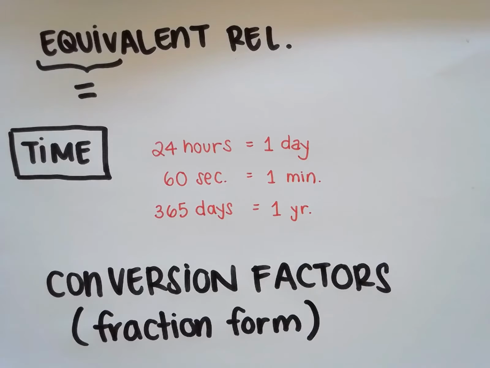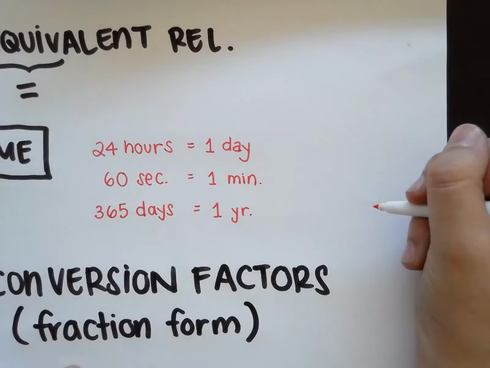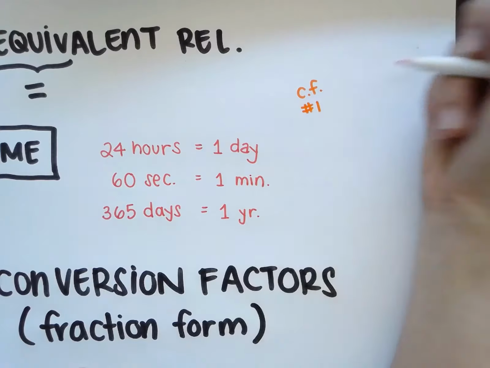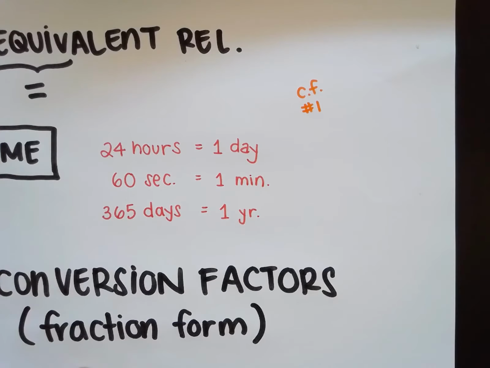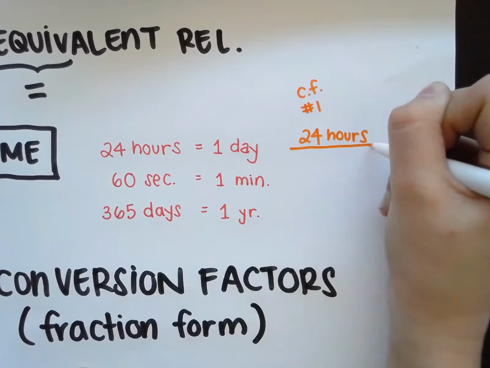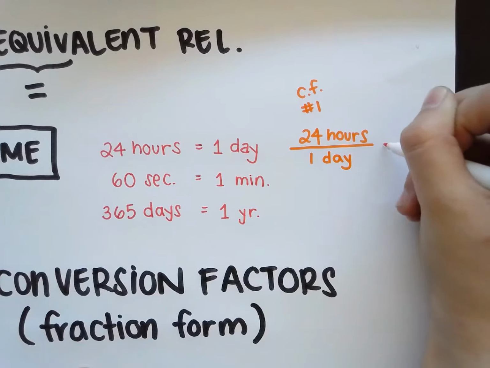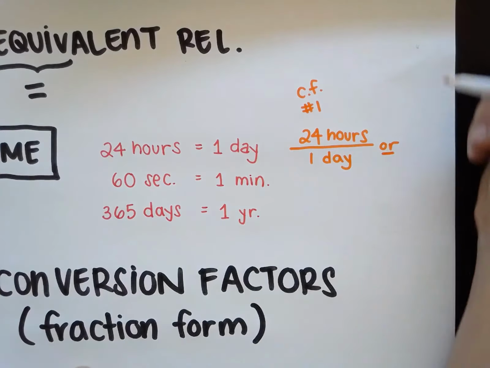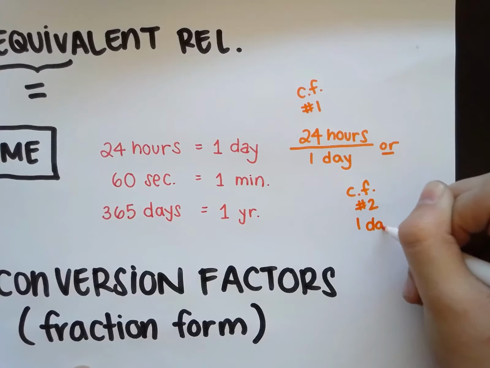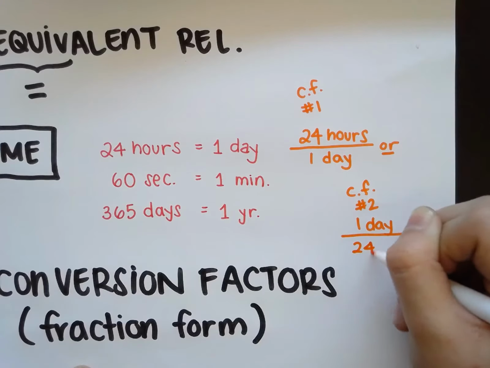If we were to write a conversion factor for this equivalent relationship, 24 hours is equal to 1 day, I'm going to write CF number 1, for conversion factor 1, will be 24 hours divided by 1 day, or I can write conversion factor number 2, 1 day over 24 hours.